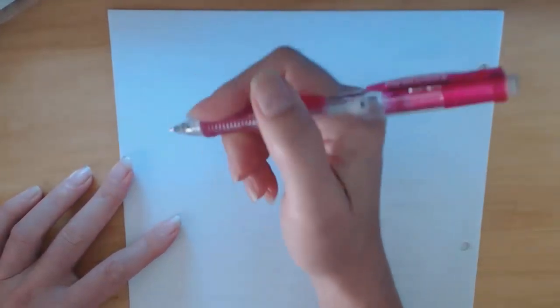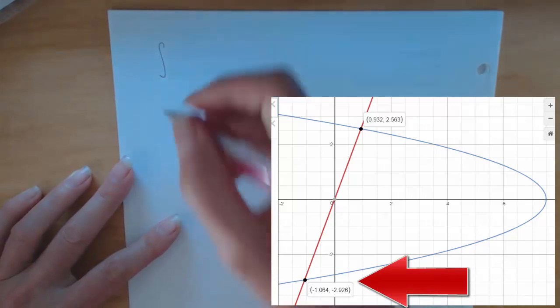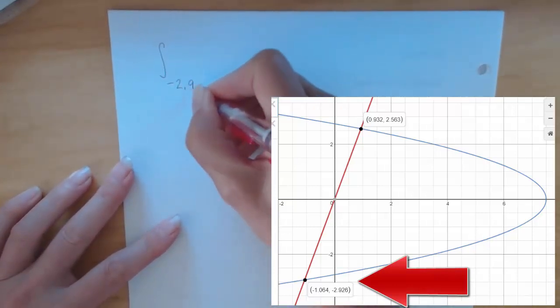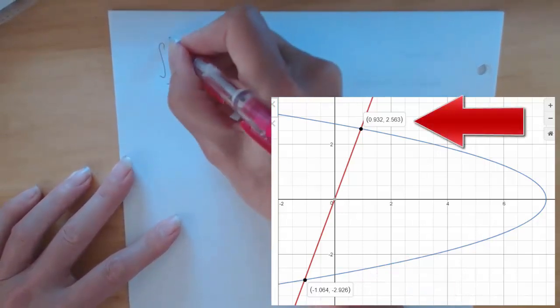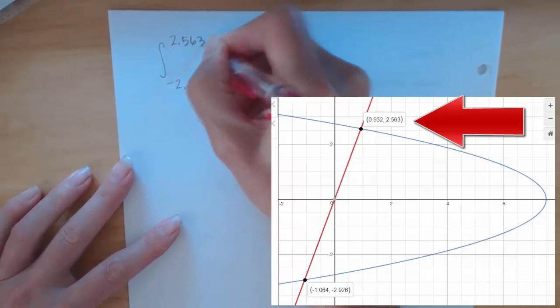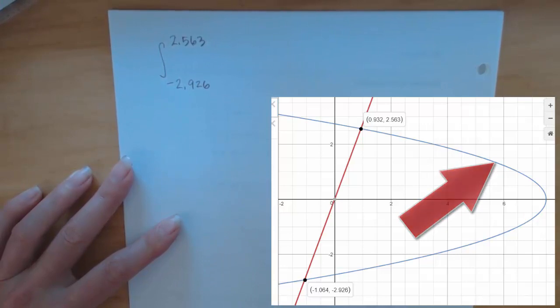And so now that we've found the points of intersection, we can write our integral. The area trapped between those two curves, we want the lower value of y, negative 2.926, up to the upper value of y, 2.563. And then for the integrand, we want to take the rightmost curve and subtract the leftmost curve. So here we want the parabola minus the line.